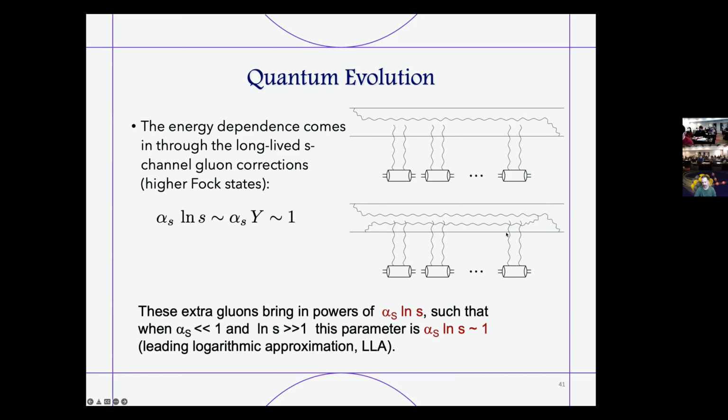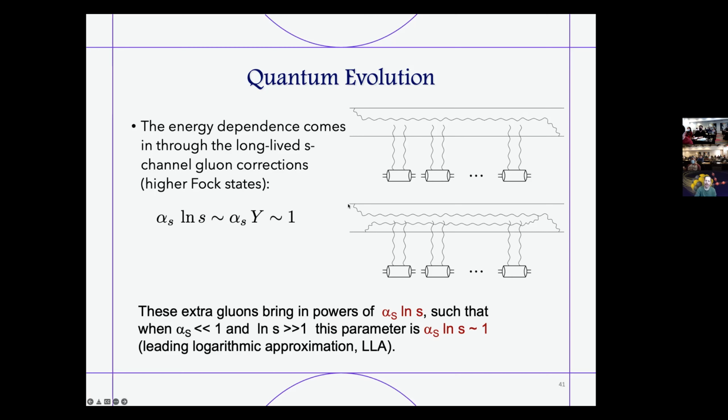And then the system scatters on the target nucleus or proton, and then all those gluons recombine back into the dipole again if we're interested in the forward scattering amplitude. And the interaction with the nucleus happens very fast. So it's not drawn like this here, but all those multiple rescatterings, all those gluons, those are Glauber gluons, right? Those are instantaneous gluons. And they happen very, very fast, say along the x minus direction.